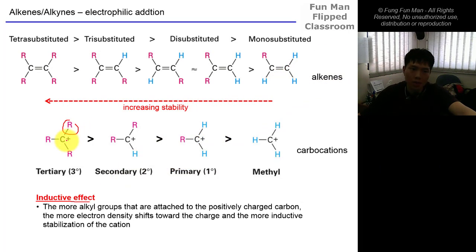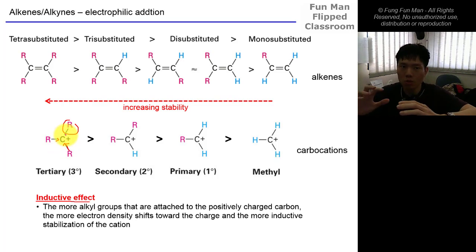And if the carbon in the middle right now is trivalent, that means it only has 6 electrons, a shortfall of 2, because all these elements like to have an octet electronic configuration. So when you have more R groups, these groups push electron density closer to the carbon. Take note, it's just pushing, not giving. Pushing closer to the carbon so that the carbon feels more electron density. It feels more electron rich, so it doesn't feel so poor, so deprived of electrons, and that's why it's more stable.